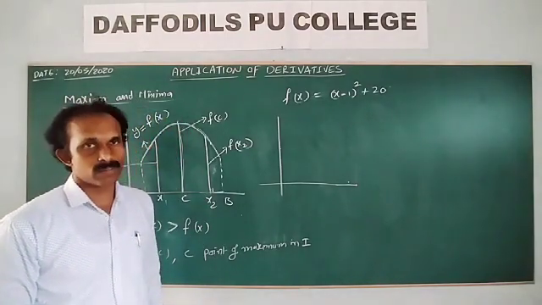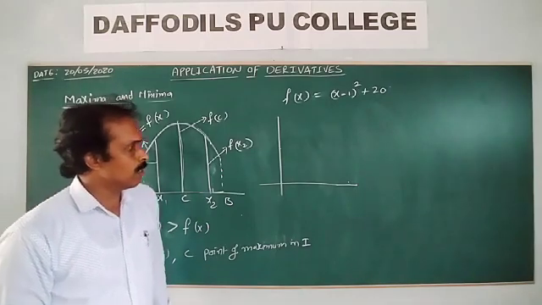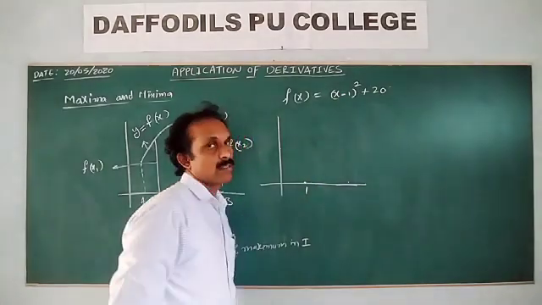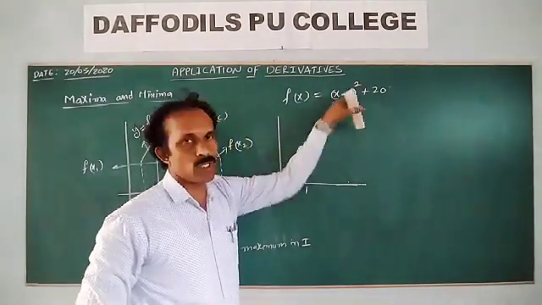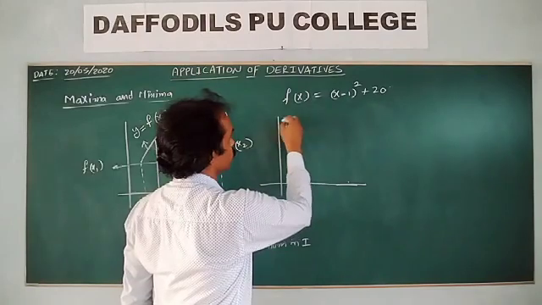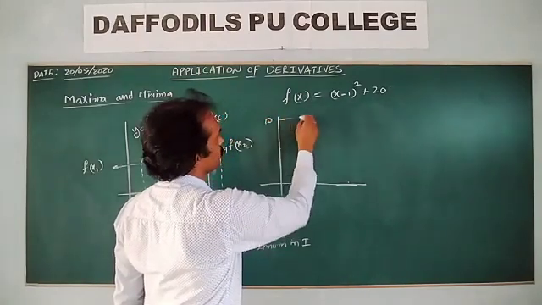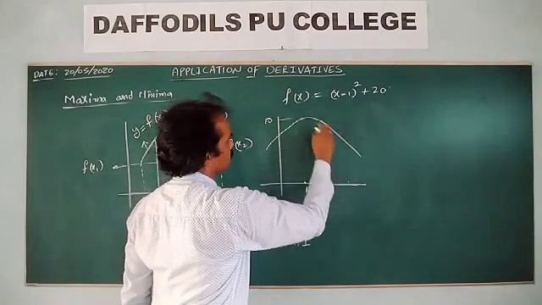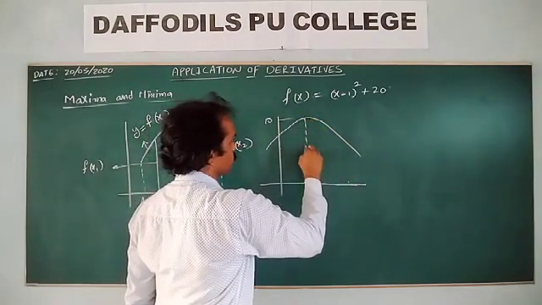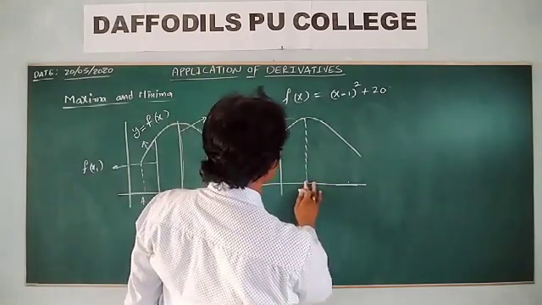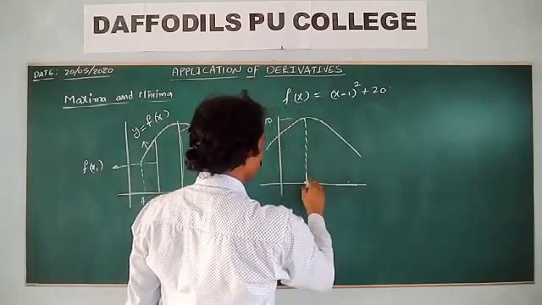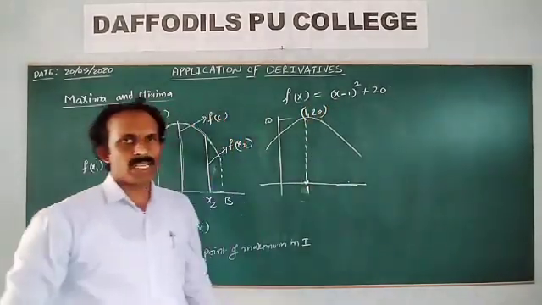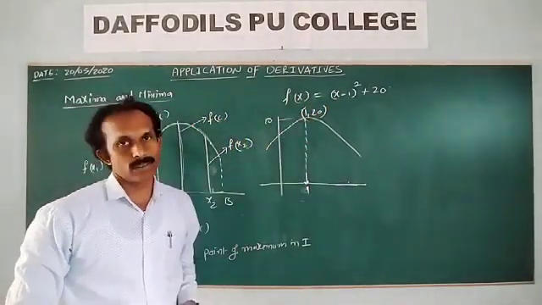That is the function. At 1, put x is equal to 1. What happened? 1 minus 1 is 0, so at 1 the value is 20. So the point is 1 comma 20. What is the maximum value? The maximum value of this function is 20.